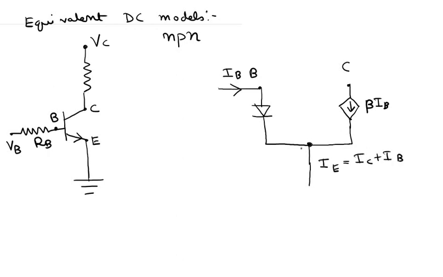And if you apply Kirchhoff's current law in this terminal over here, it also gives us that the emitter current should be equal to the base current plus the collector current. Okay, so here a current magnitude of beta plus 1 times IB actually flows. Okay, it is flowing out because this is the NPN transistor and the emitter terminal is grounded.